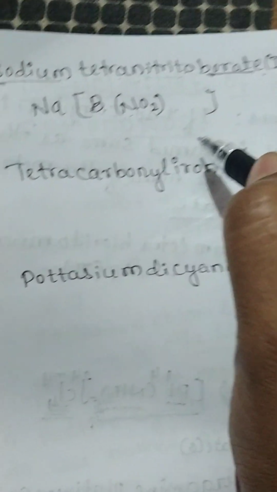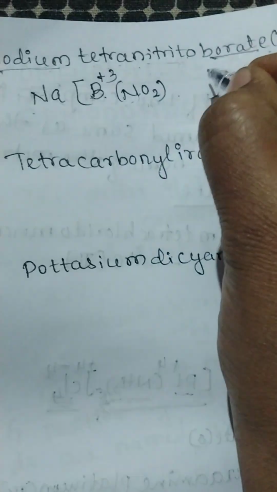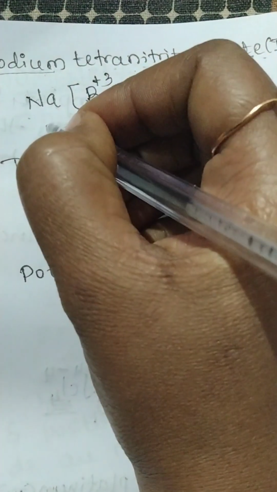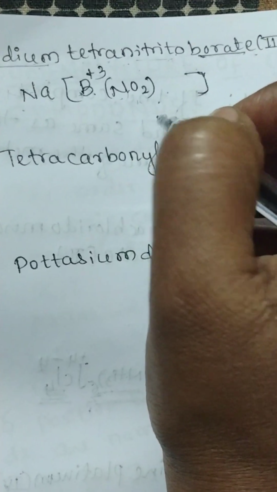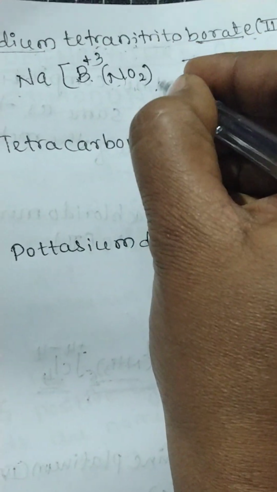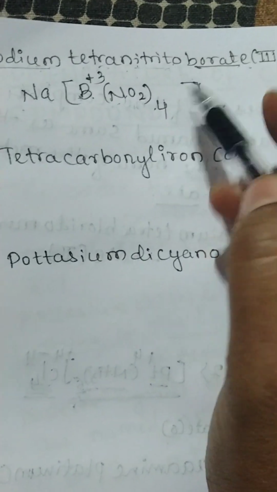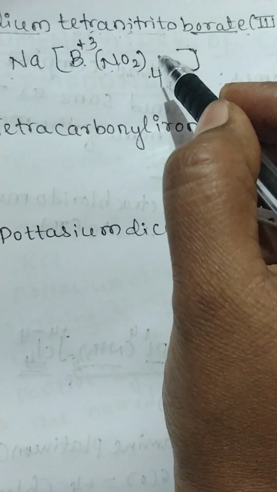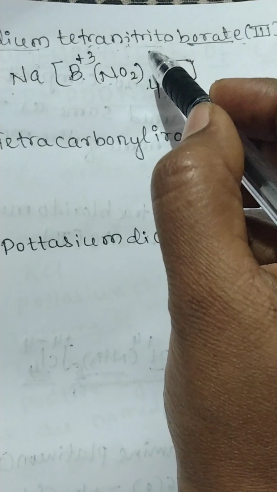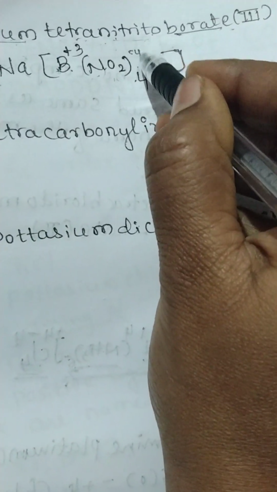So the thing is, we have to add the number of ligands. See here, tetranitrito, the charge is -1, so it becomes -4.